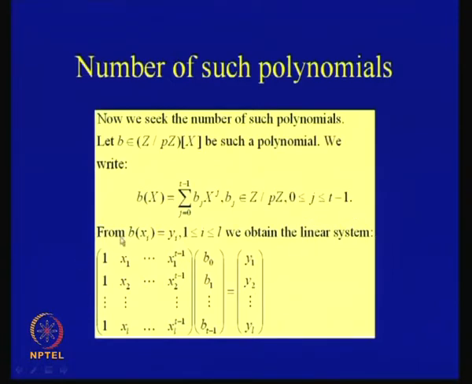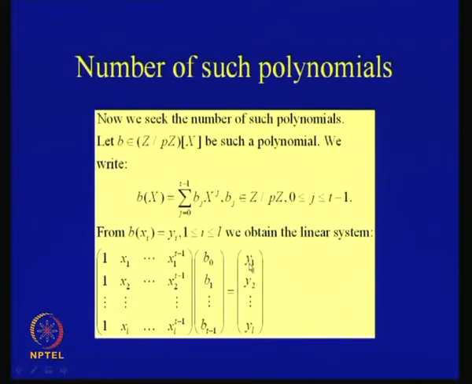So if I know that b(x_i) is equal to y_i, then for all these values we can write them in matrix notation, because all these are essentially polynomials.